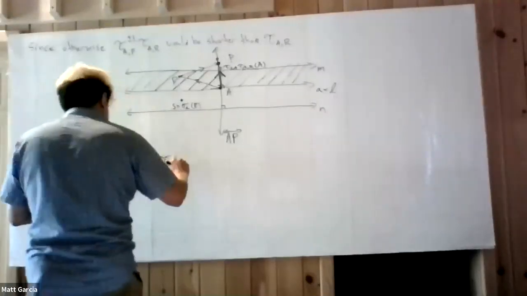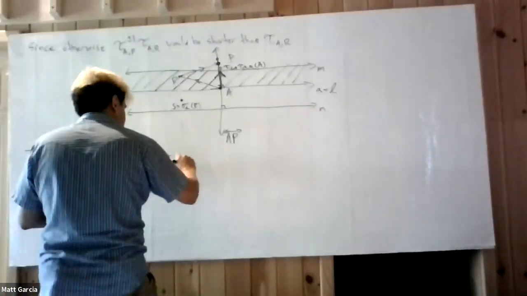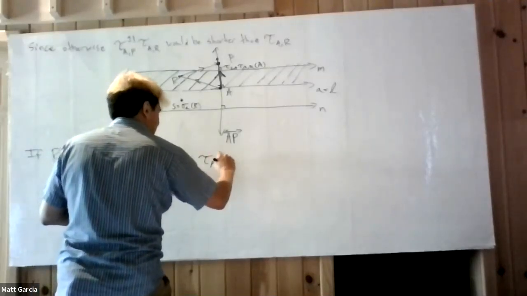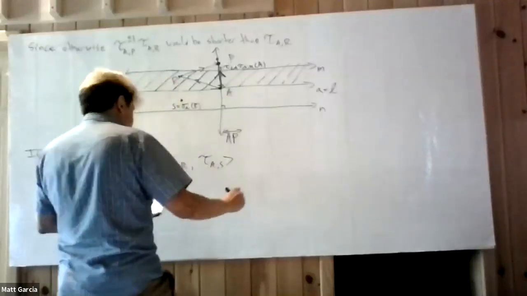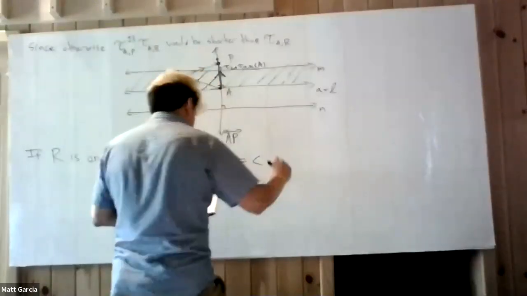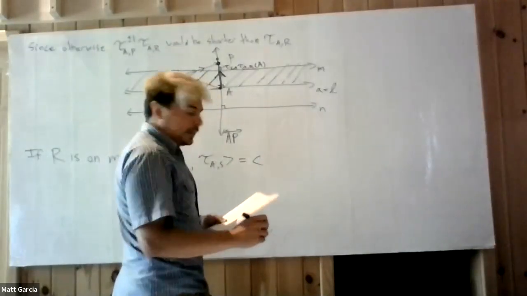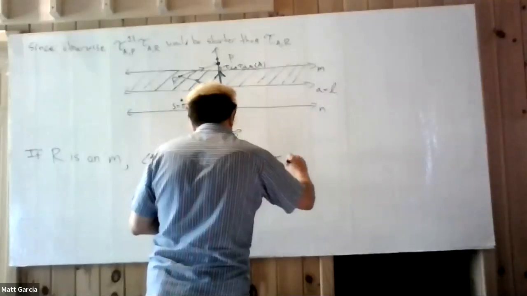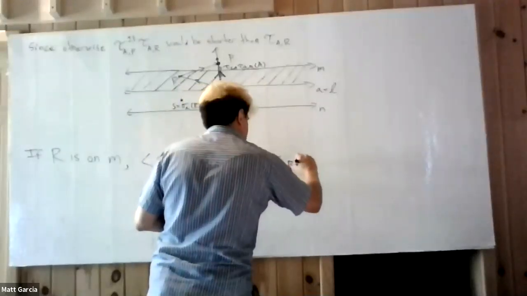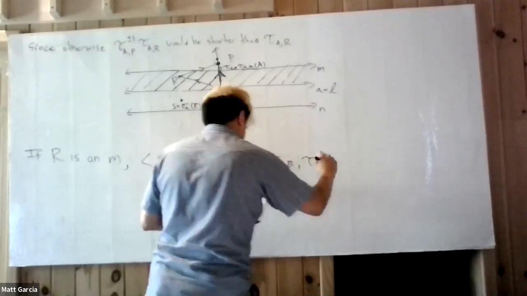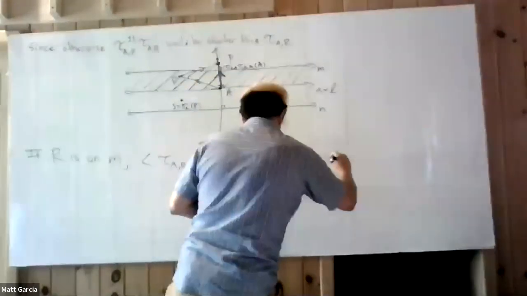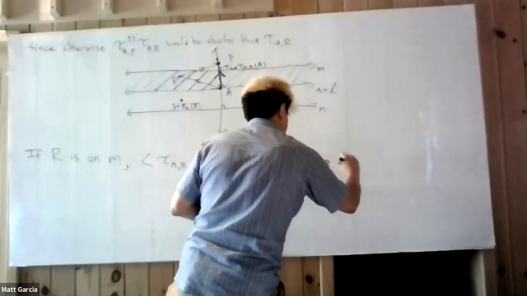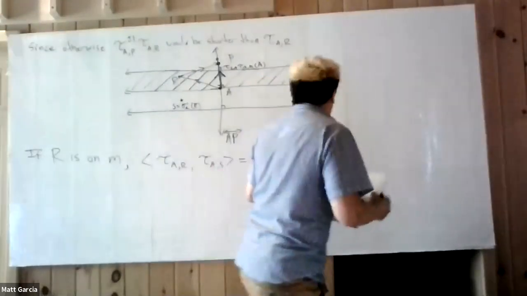The group generated by tau sub A comma R and tau sub A comma S is in fact equal to the group generated by tau sub A comma R, tau sub A comma P. And why is that?